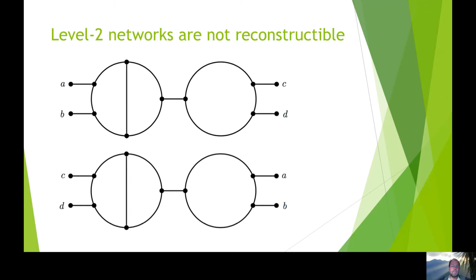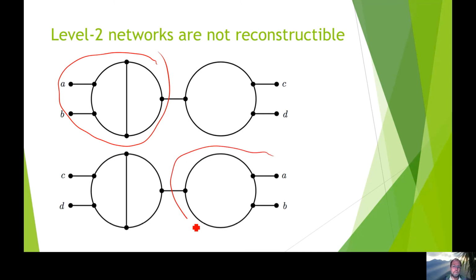They're not the same network because, for example, this blob with A and B and this blob with A and B in the other network differ: one blob has an edge across it and the other doesn't. So we can't reconstruct level 2 networks from their distance matrices. That might be a bit disappointing.